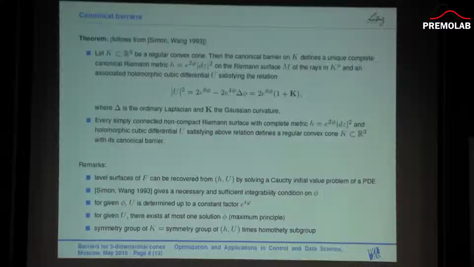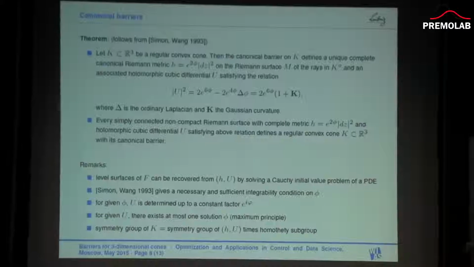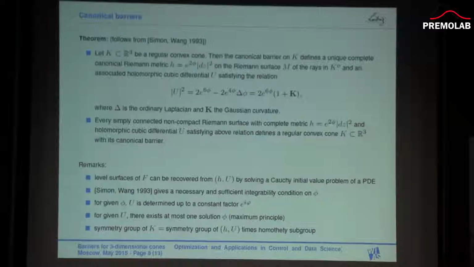And moreover, we may also just postulate the metric, and then if the metric satisfies a compatibility requirement on its curvature, then there exists one parametric family of solutions for the cubic form, which defines one parametric family of cones.